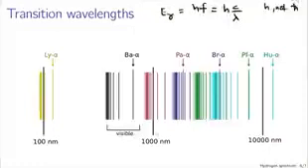Doing so, you end up with this sort of thing, and this is a logarithmic scale now: 100 nanometer wavelength, 1000 nanometer wavelength, 10,000 nanometer wavelengths, and these things fall in very specific patterns. The Lyman series, which ended with n equals 1 as the final state, so this is a 2-to-1 transition, the longest wavelength Lyman line.